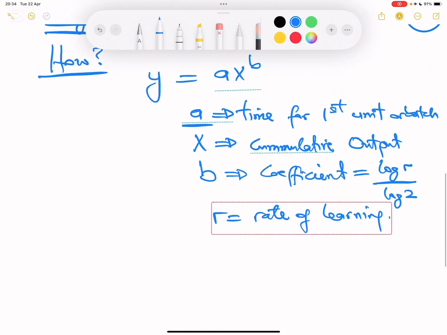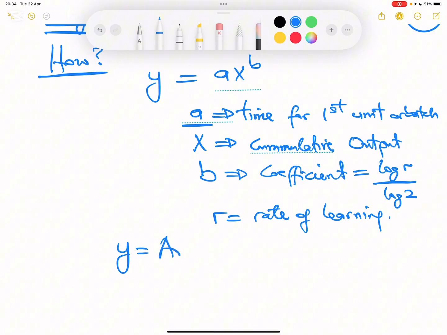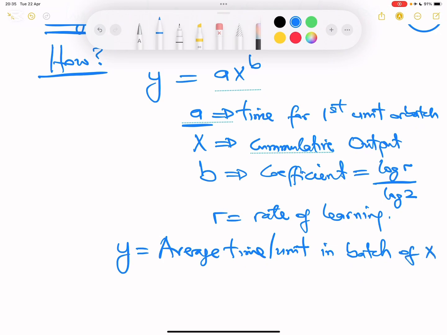Now, what is y? y is the most important thing there, and y is just your average time, the average time per unit in a batch of x, in any batch of x.